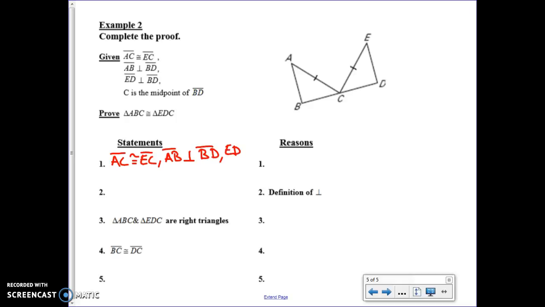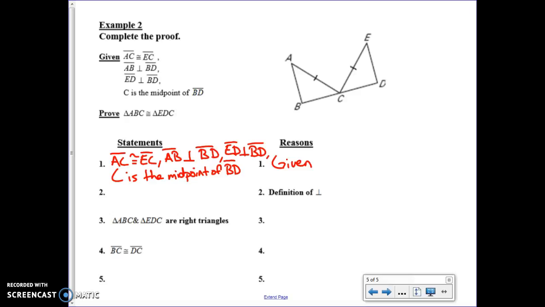ED is perpendicular to BD. And C is the midpoint of BD. Our reason for all of those is given.